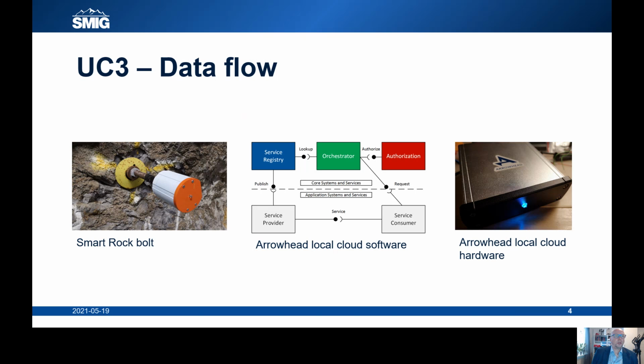And you have the service consumer that asks the orchestration if it can find a service provider that can provide the information the service consumer needs. You also have the authorization system that makes sure they can talk to each other.